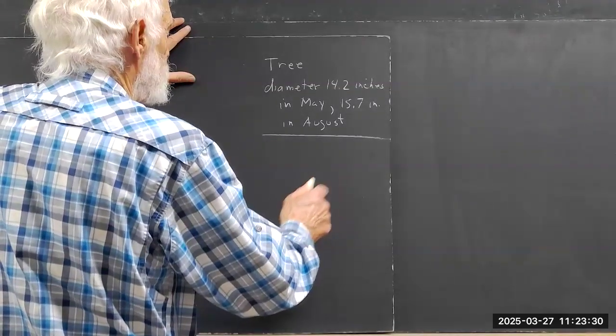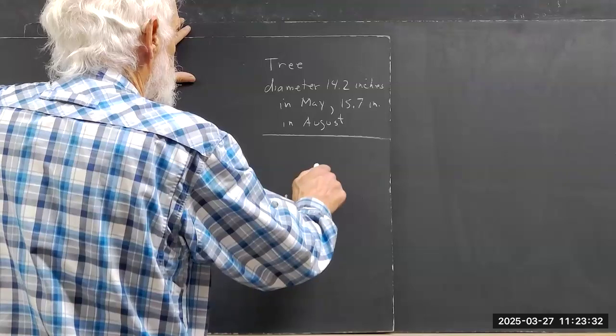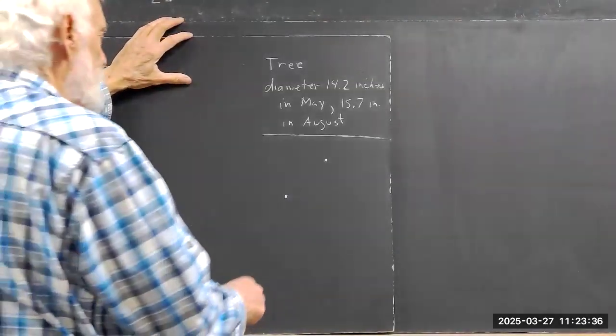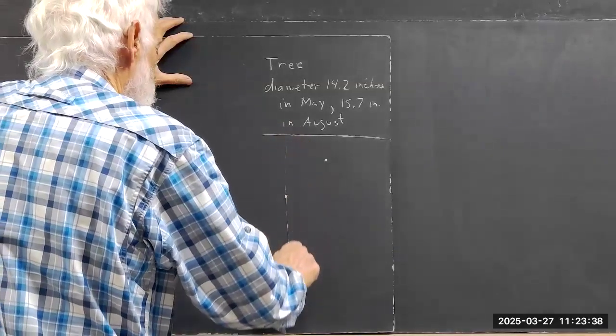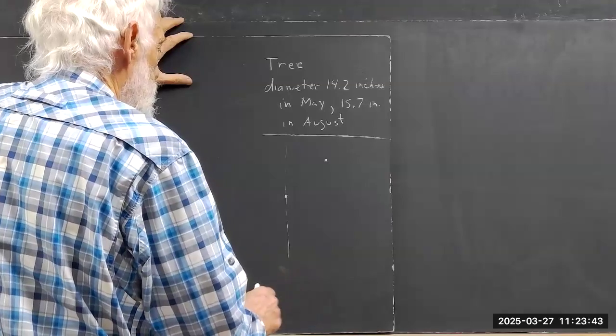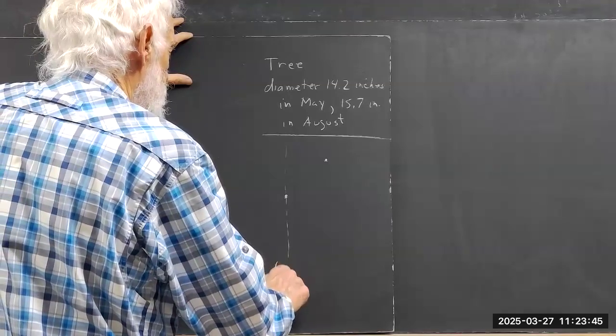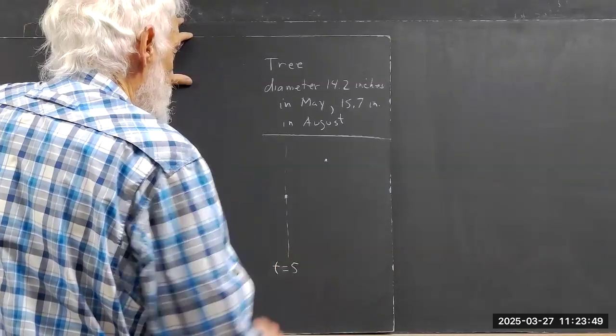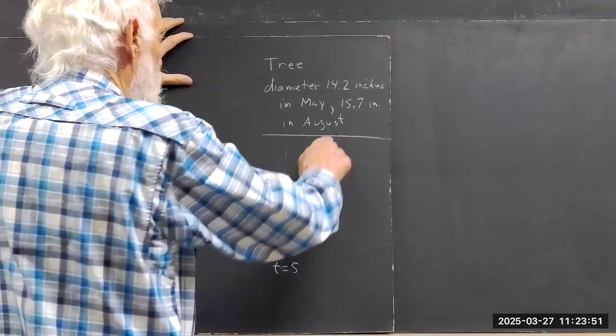Actually, you can just sketch 2 points. Okay? And you're going to let t equal 5 here.